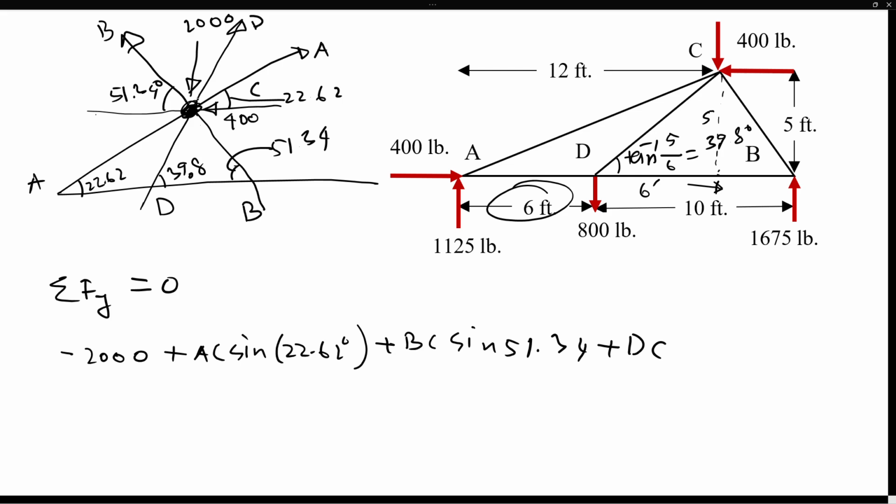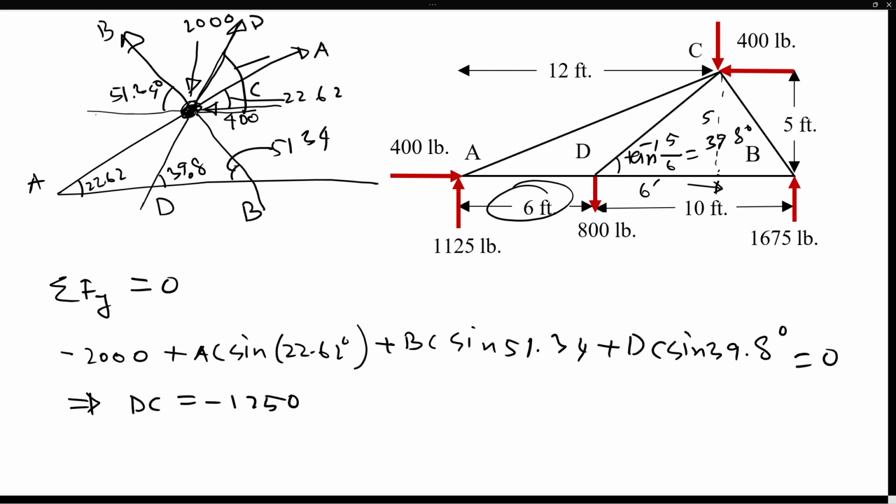This is our DC, and this angle is 39.8 degrees, so the vertical component would be sine 39.8 degree. Everything sums to 0. If I solve for DC, I found it minus 1250. And again, plus minus is not that important.